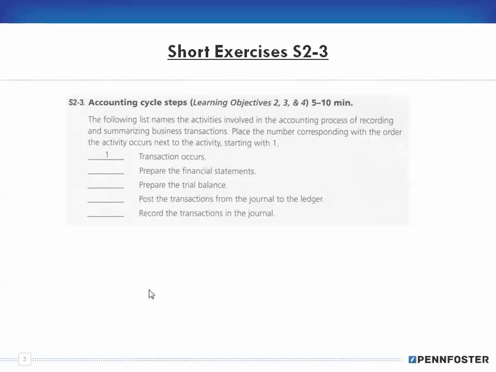All right, so short exercise 2-3. The following list names activities involved in the accounting process of recording and summarizing business transactions. Place the number corresponding with the order the activity occurs next to the activity, starting with number 1.